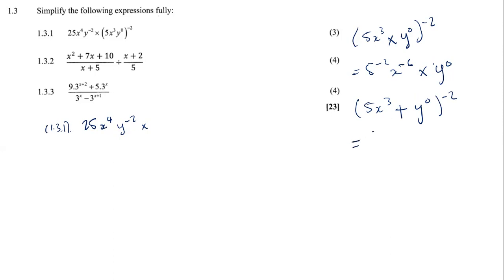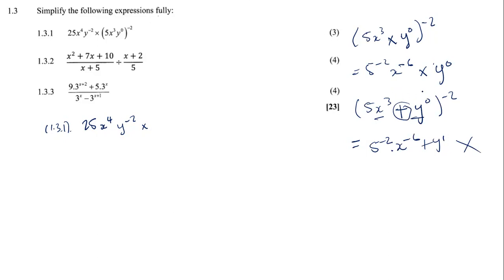This is not math. You distribute this. You say here you have 5 to the power of -2 multiplied by x, 3 multiplied by -2, you say it's -6, plus y, 0 multiplied by -2, it's 1. This is not math. When you have the plus sign between the two terms, you do not distribute this exponent.